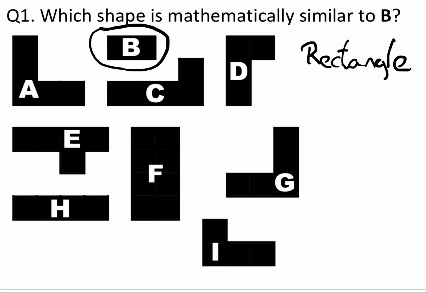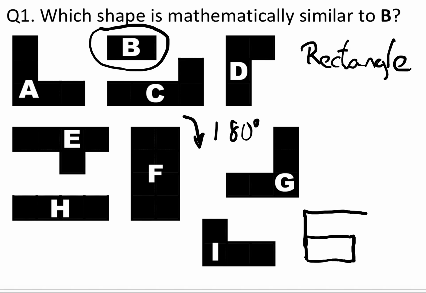So if this is shape B, my pen's not that brilliant, and if I rotated F round 180 degrees, and I draw it over the top, it would look something like this.